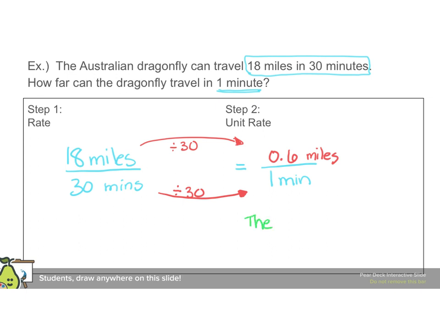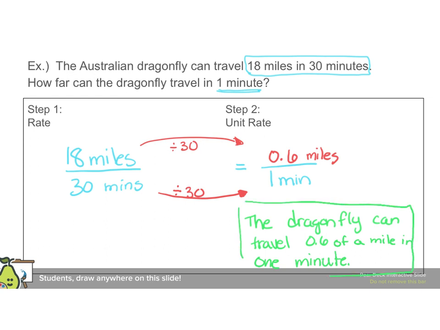The dragonfly can travel 6/10 of a mile in 1 minute. That would be my final answer.